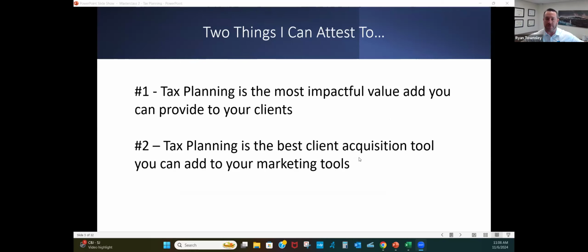It completely elevates the experience and the amount that you're able to help clients with. And an added benefit is once you add tax planning and you add Income Lab and these things, it's also a fantastic client acquisition tool. So, I don't do a lot of marketing. Most of my client acquisition is word of mouth and organic webinar hosting and things like that.